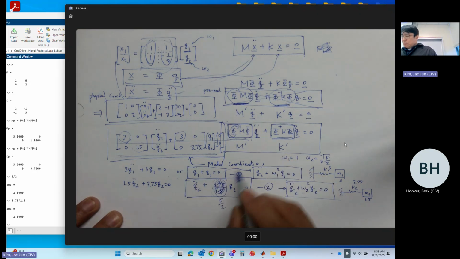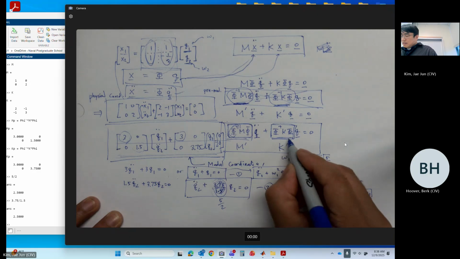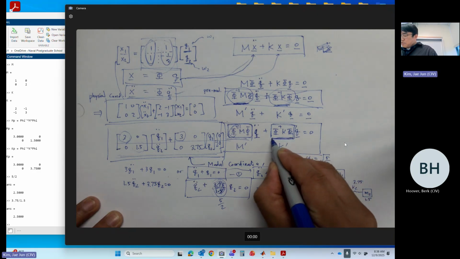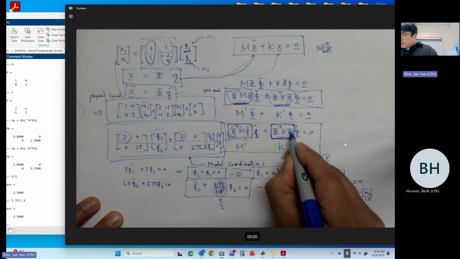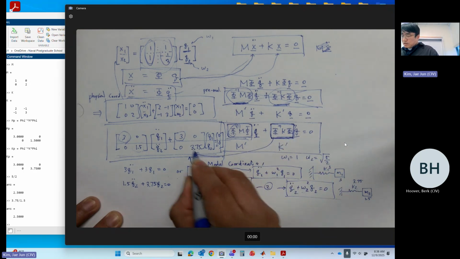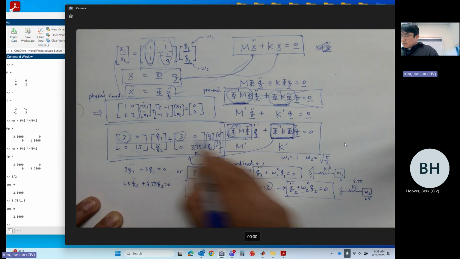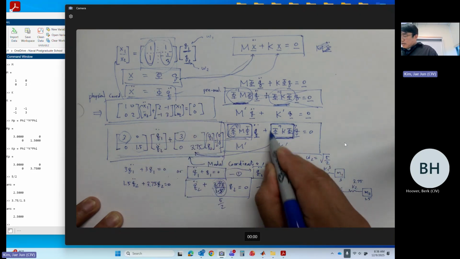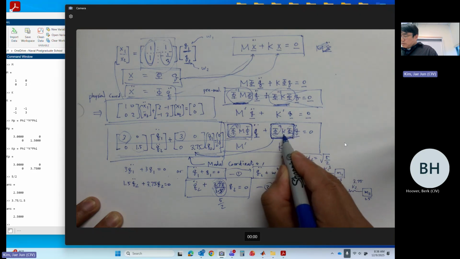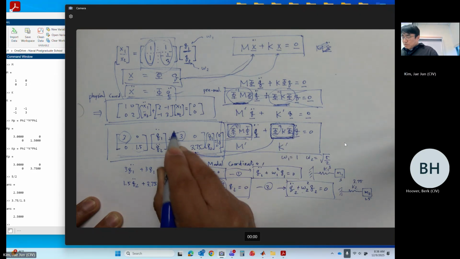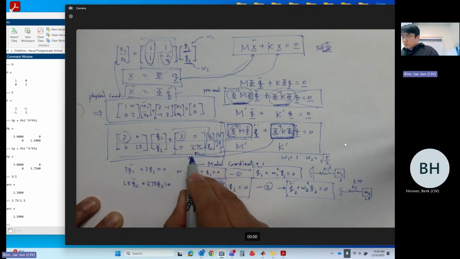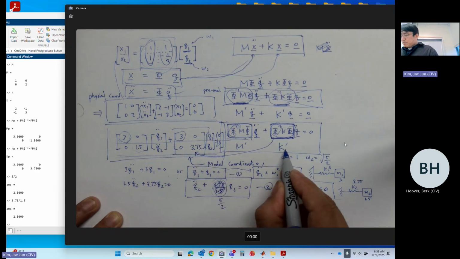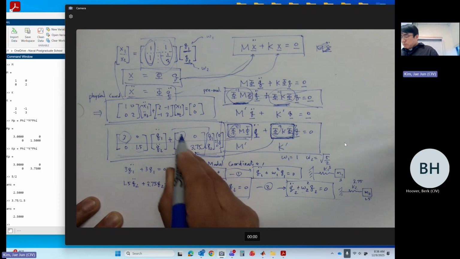The orthogonality of the mode shapes is basically checked by looking at this matrix, phi transpose k phi, resulting in a diagonal matrix. Originally k was coupled, but by using the transpose and computing phi transpose k phi, you have a modal stiffness which is uncoupled, right?